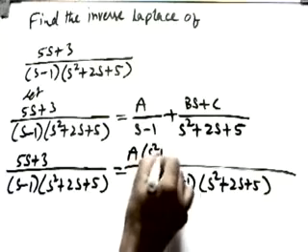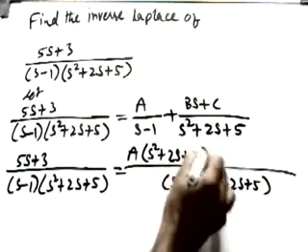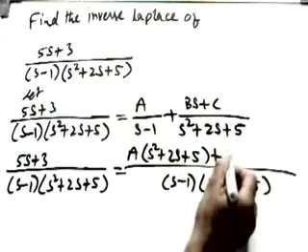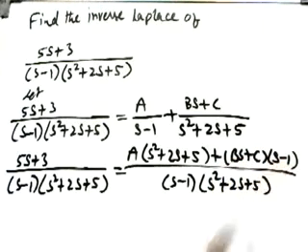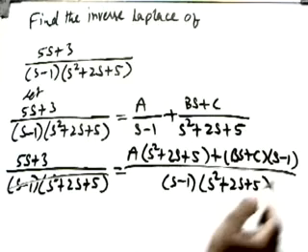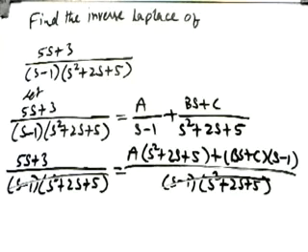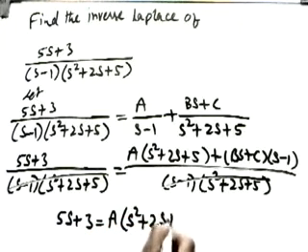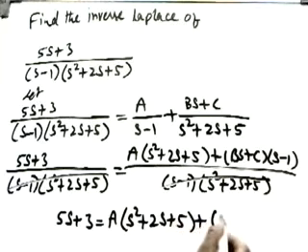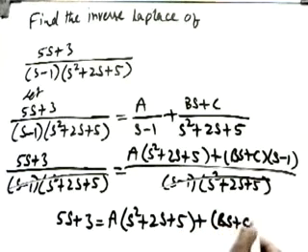Now this value comes here: A into (s square plus 2s plus 5) plus (Bs plus C) into (s minus 1). So always these denominators will get cancelled. Now what is left here? Watch carefully. We are left with 5s plus 3 equals A into (s square plus 2s plus 5) plus (Bs plus C) into (s minus 1).